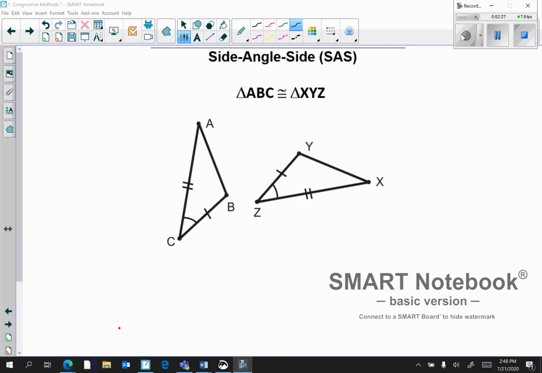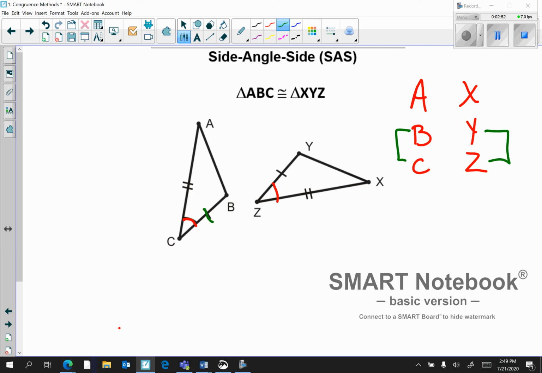Next method is side angle side, SAS. So notice the angle is in between the two congruent sides. So again, if we line up the letters A, B, C, and X, Y, Z, we know that BC is congruent to YZ, and we know that AC is congruent to XZ.